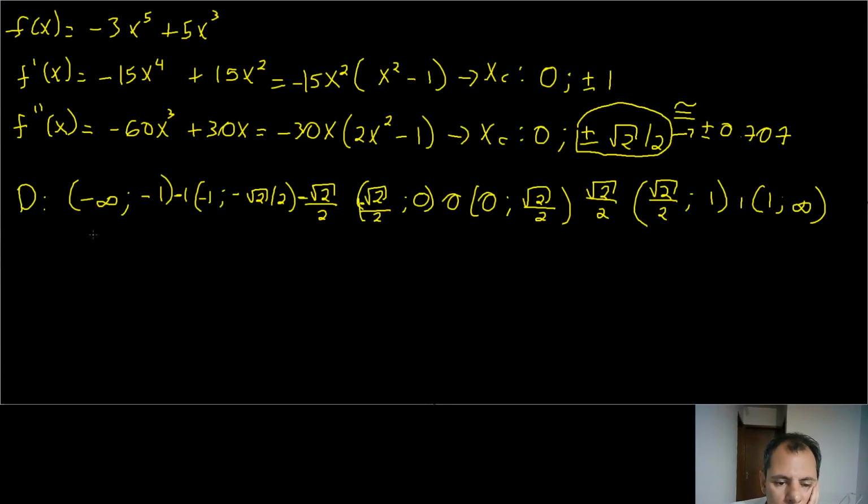Okay, so let's think. This domain in here. Let's put -2. Well, you see over here there's gonna be a slope. So let's see if it's concave up or down. If you put a -2 here, this is gonna be a positive number.